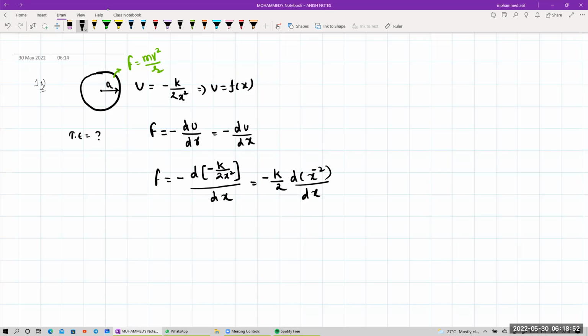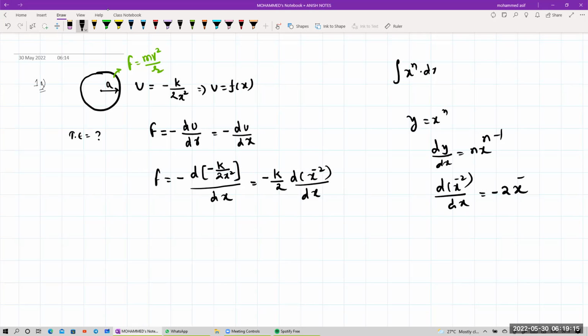Now differentiation of this one is how much? You know this formula: differentiation, y is equal to x to the power of n, dy by dx is equal to n into x to the power of n minus 1. So in the place of y, I have x power minus 2, dy by dx is equal to minus 2 x to the power of minus 2 minus 1, which will be minus 2 into x power minus 3.